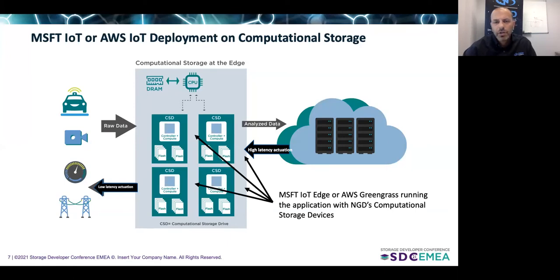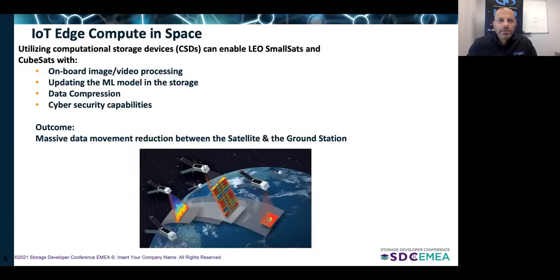And if we talk about edge, one of the interesting use cases that we have found is in space. Low Earth orbit, either small sats or CubeSats that orbit the Earth, acquiring images.